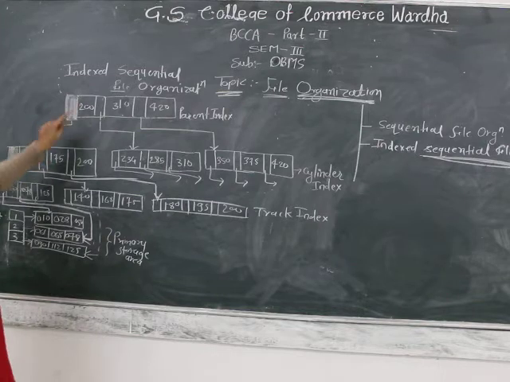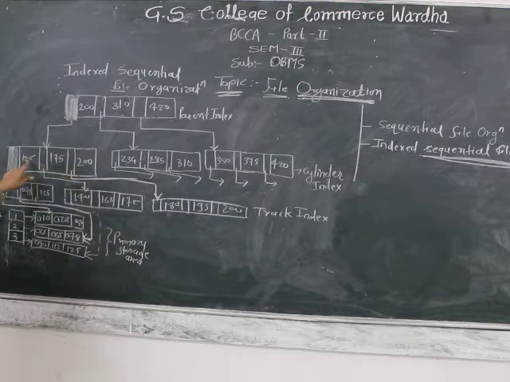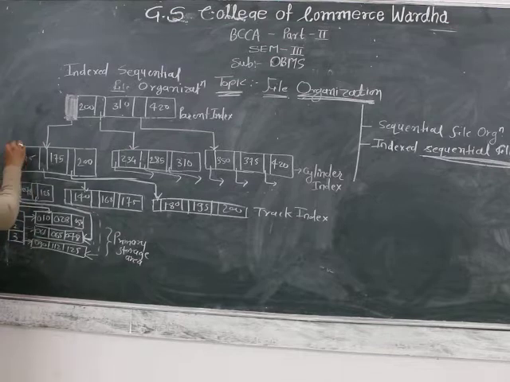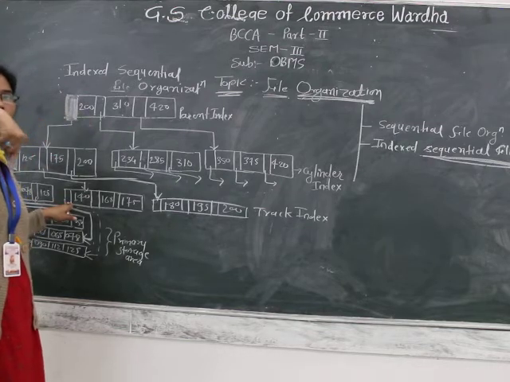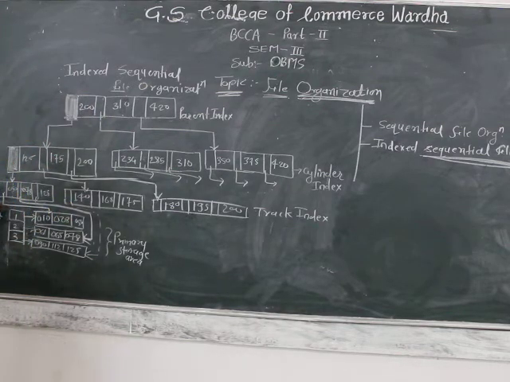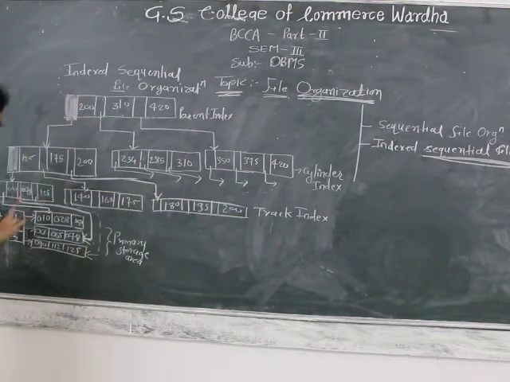Again we divided 200 into 3 parts, but the last one is 200 because it is our last indexed address. Before 120, all the addresses are in the next track, and the track index has the next one.